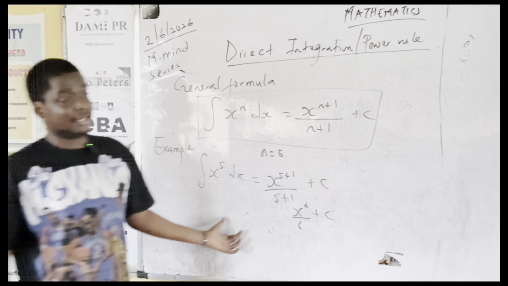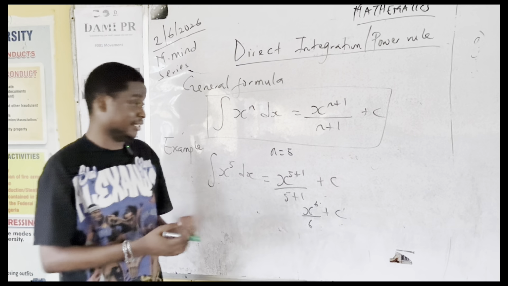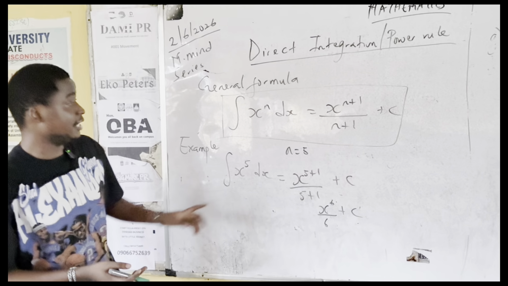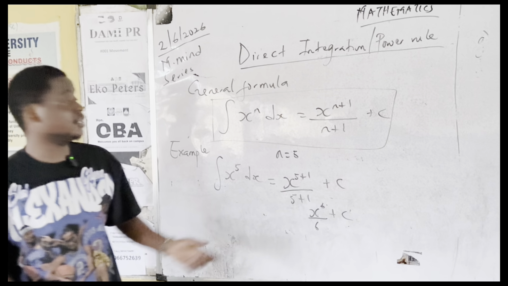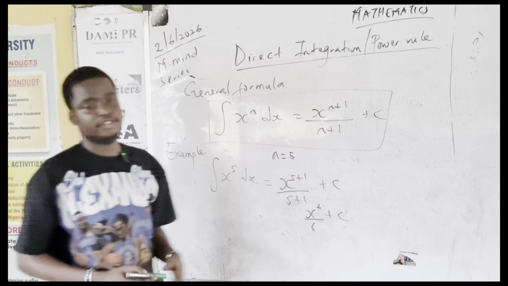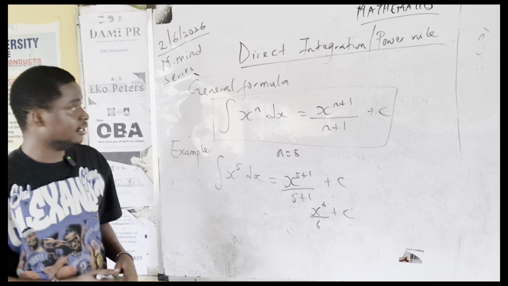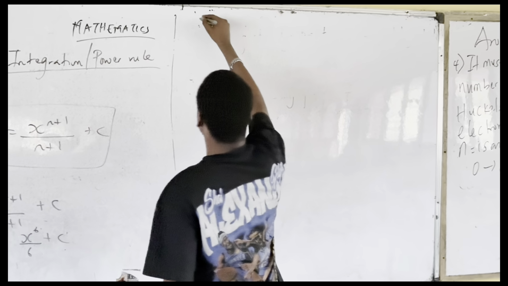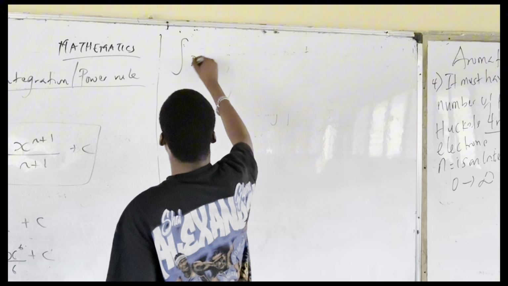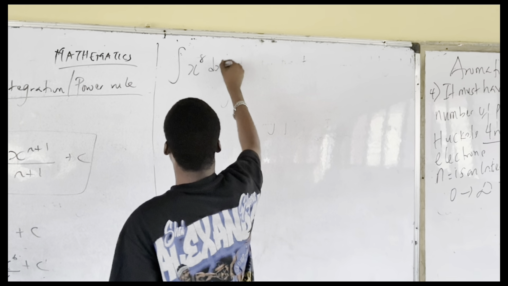Now, I like telling beginner students that it is simply: add 1 to the power and divide by the new power. That is the rule. Let's take another example. We have the integral of x raised to the power 8 dx.